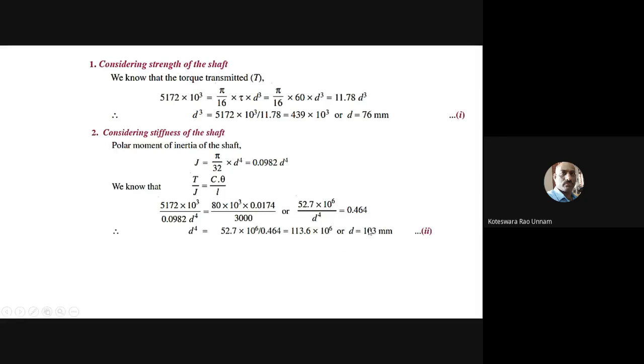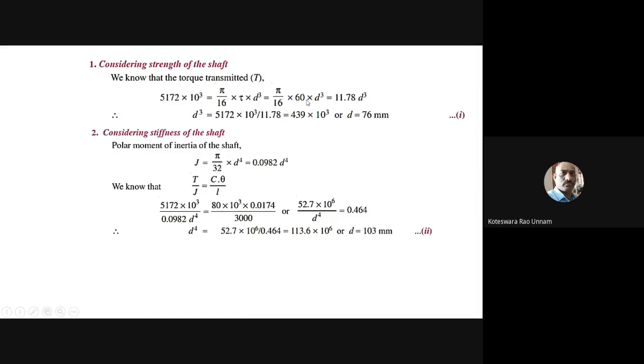So if I take 103 as a diameter, if I substitute the diameter here, tau and d are inversely proportional. If this is a constant, if tau increases, d will decrease, or if d increases, tau will decrease. Our criterion is it should be 60 only. So if I increase d here, there is no issue. The stress is less than 60 only.